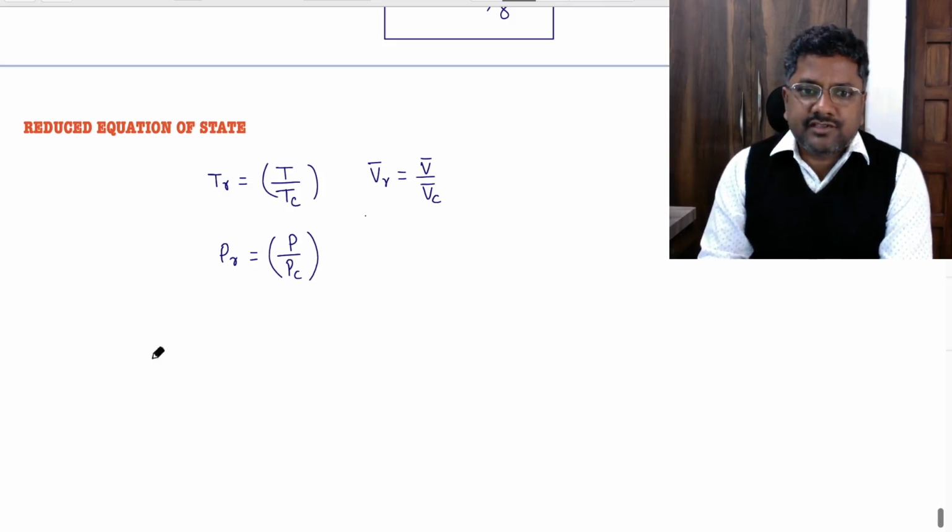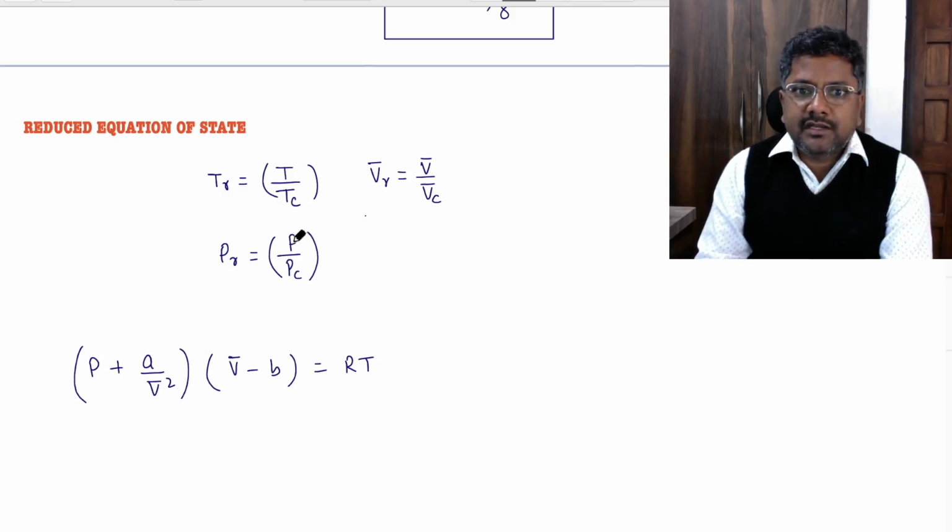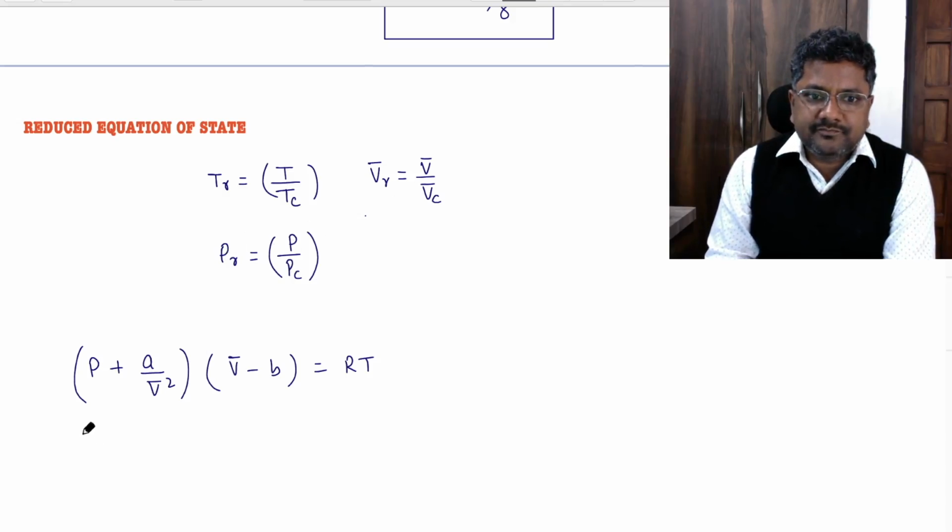So if we substitute all these values in van der Waals equation, then we will get the reduced equation of state. (P + A by V bar square)(V minus B) is equal to RT. So in place of P, we can write PR into PC plus A by V bar square.